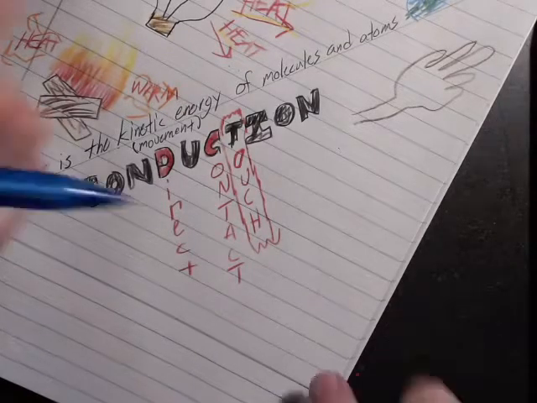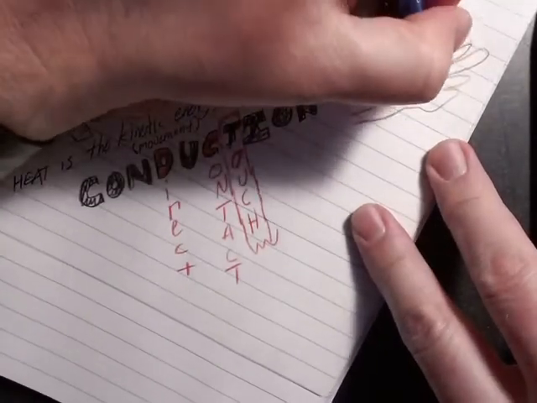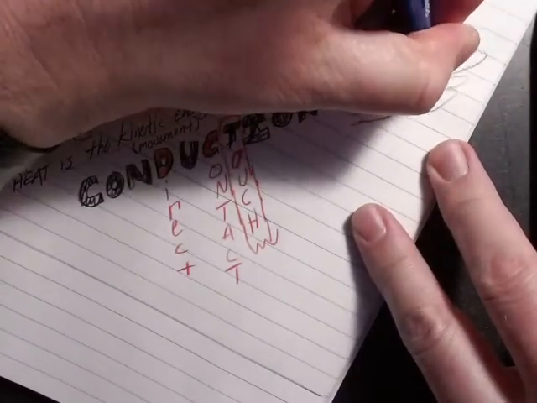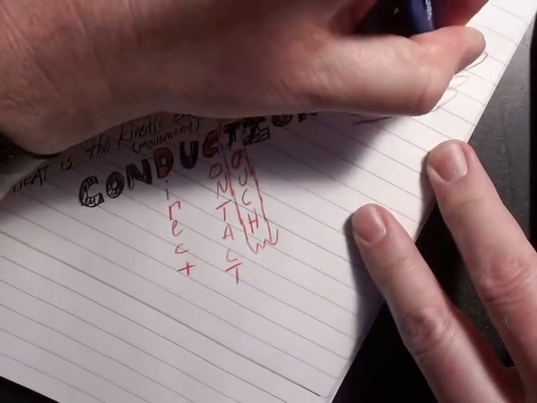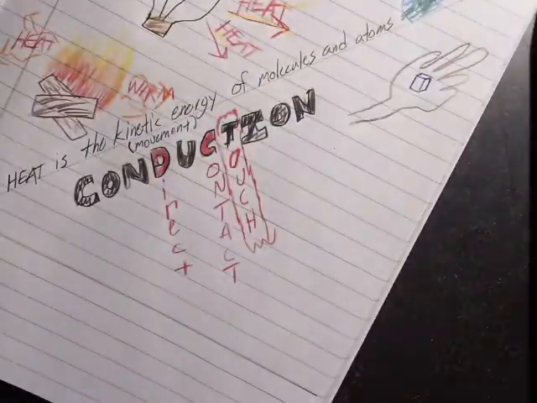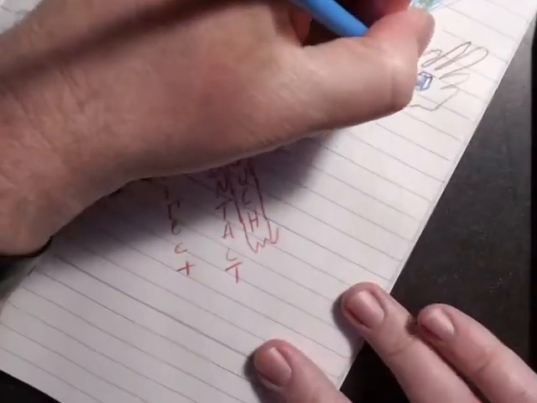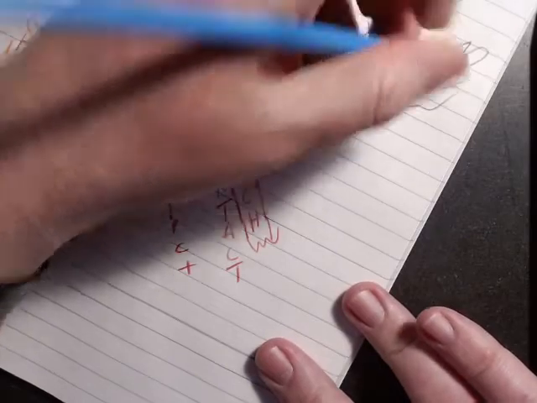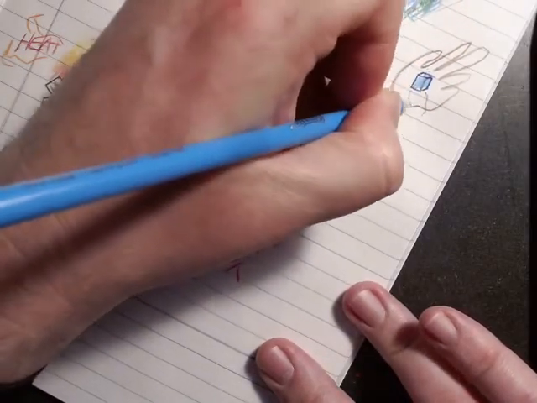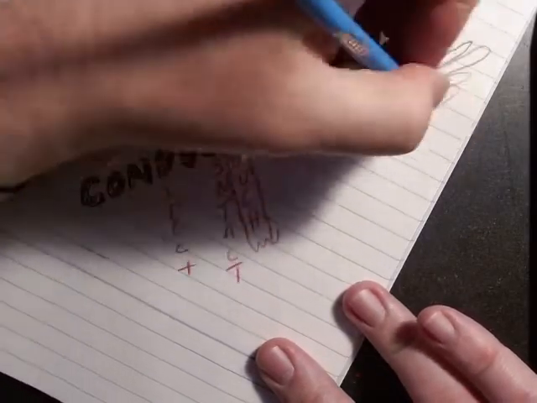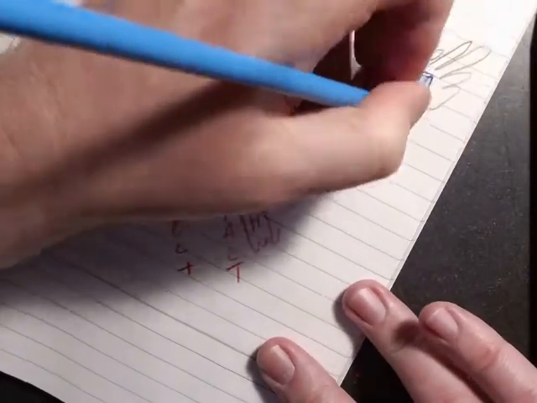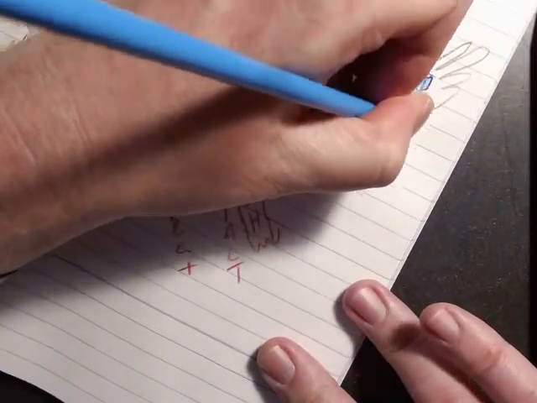What happened to the ice? The ice kind of made a mess because in your hand, the ice melted. And that ice melted because you were touching it.